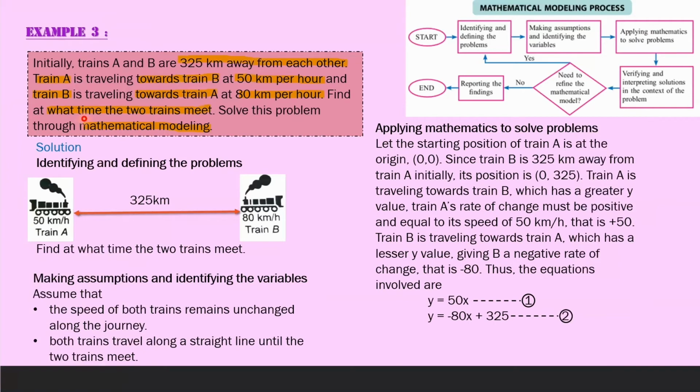Okay, here the question needs us to solve this problem through mathematical modeling. The mathematical modeling process starts with identifying and defining the problem.